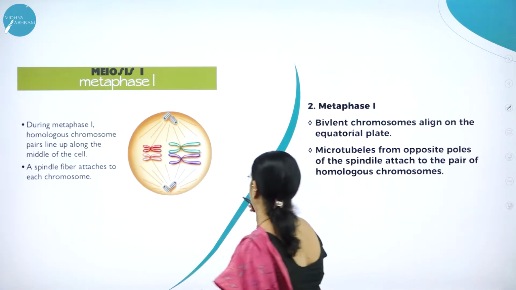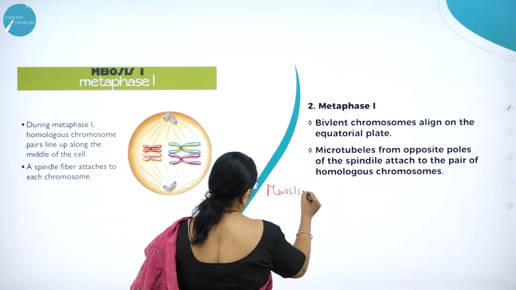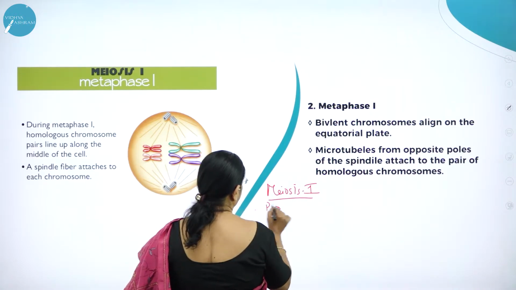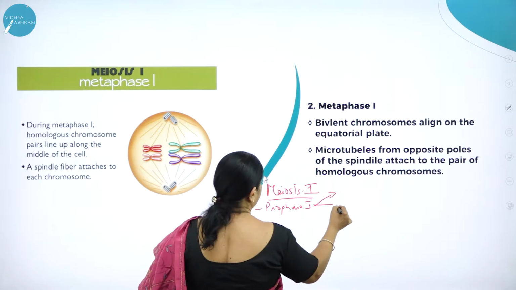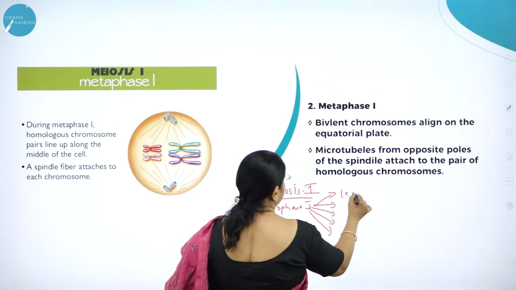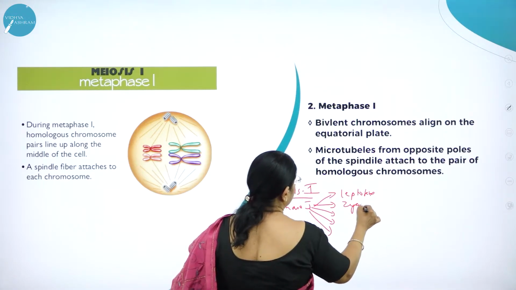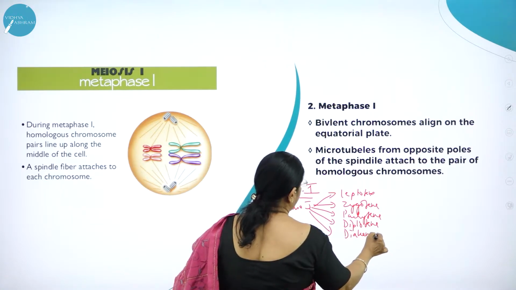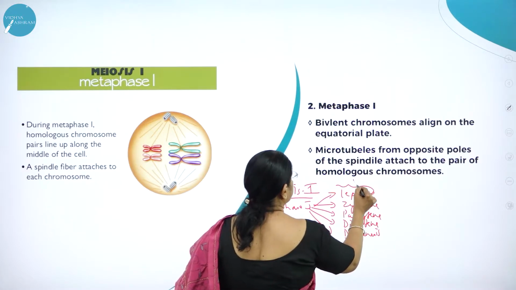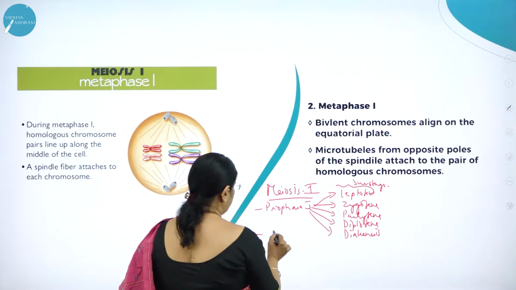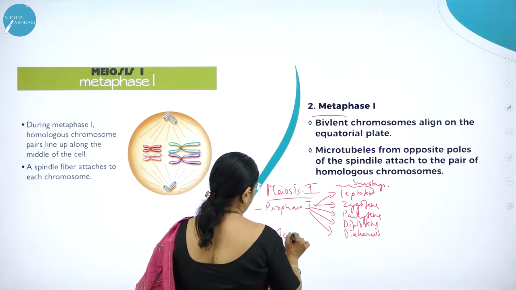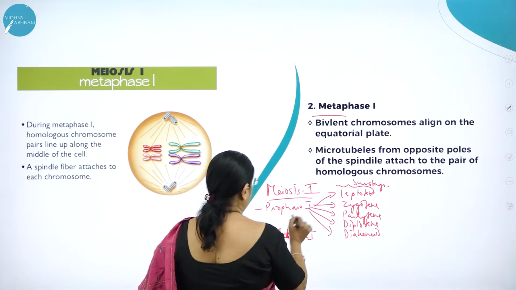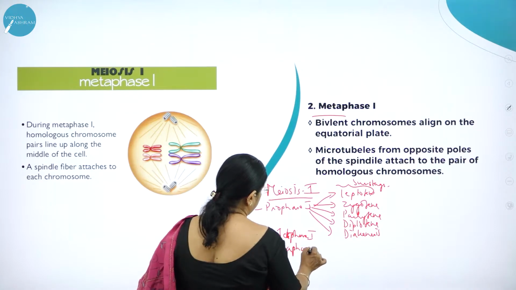As we have already studied, meiosis 1 is divided into prophase 1 with 5 substages: leptotene, zygotene, pachytene, diplotene and diakinesis. Then here we can see the metaphase 1, then anaphase 1, then telophase 1.